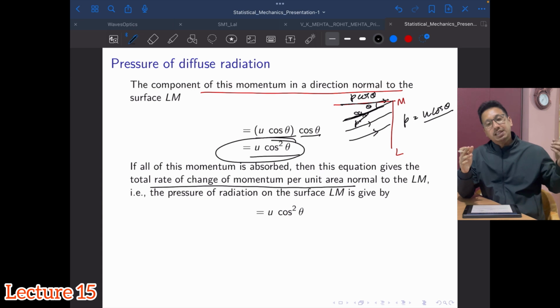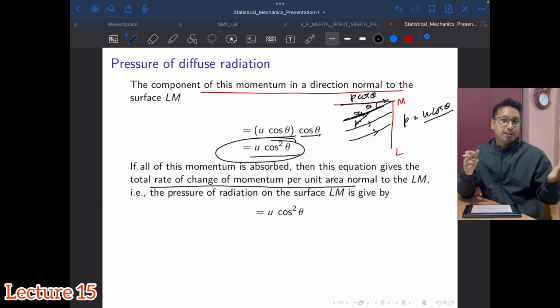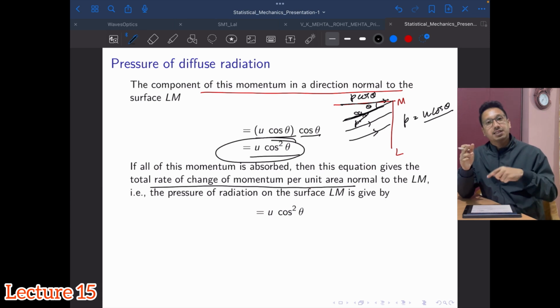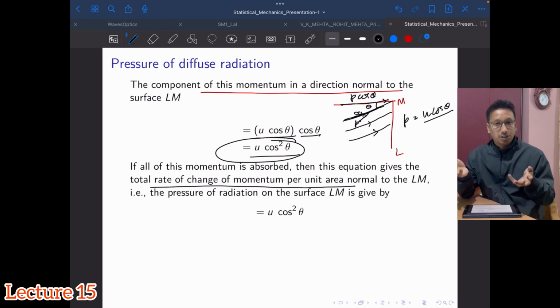Assuming the entire momentum is absorbed, as in the previous case, this happens per second per unit area, so that gives the change of momentum per unit area per second. Whenever something happens per second, it gives you force, right? Rate of change of momentum is force.